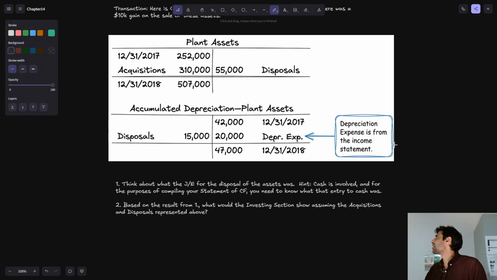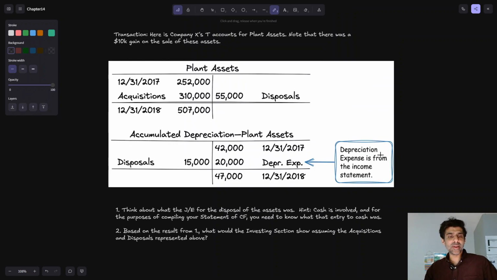What else? What is the investing section showing? It's showing definitely disposal and the cash coming in. What else? Acquisitions, exactly. And unless it says otherwise, you can assume this acquisition was done with cash. Sometimes it'll tell you it was with a note payable or whatever, but we're going to assume it's cash. So is this going to be a positive or negative to cash?